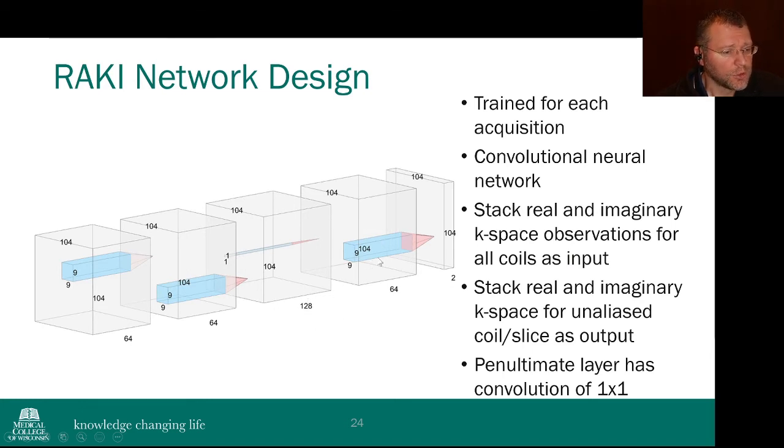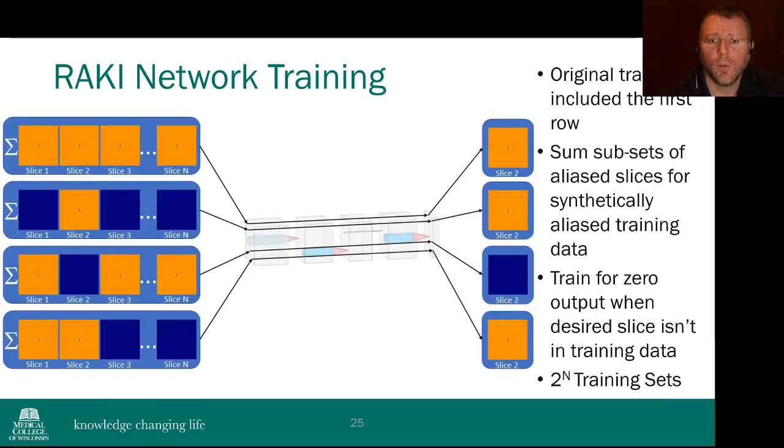And then one more 2D convolution with those 9 by 9 acquisitions, and outputting then a real and imaginary channel of k-space. So this was originally what was designed as RAKI.